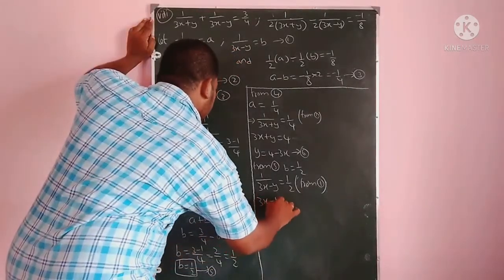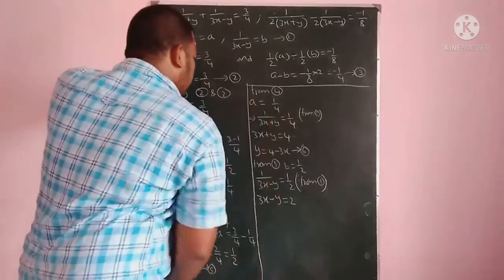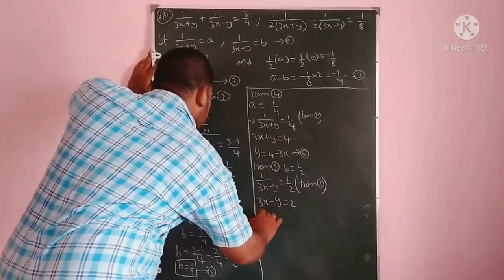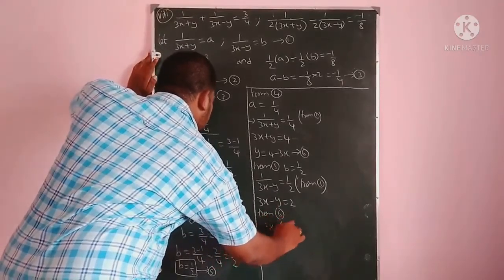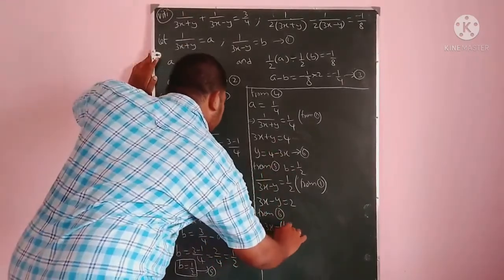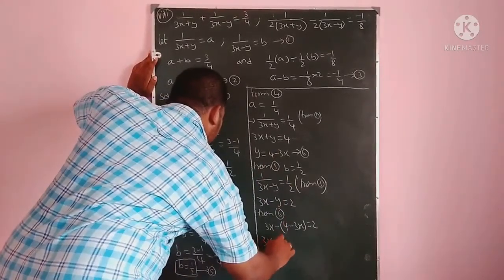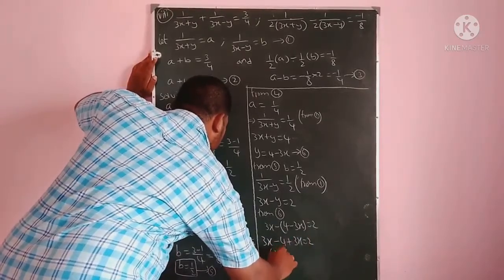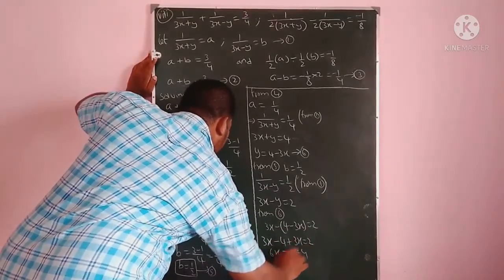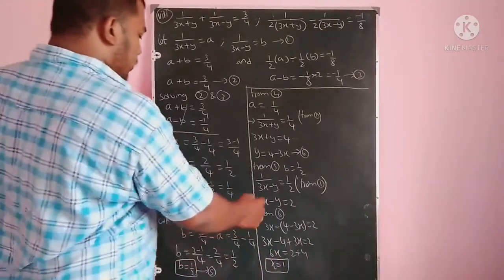So this is 3x minus y is equals to 2, and already from 6 we can say 3x minus of y means 4 minus 3x equals to 2. So 3x minus 4 plus 3x is equals to 2. 6x is equals to 2 plus 4, and x is equals to 1. We got the x value as 1.